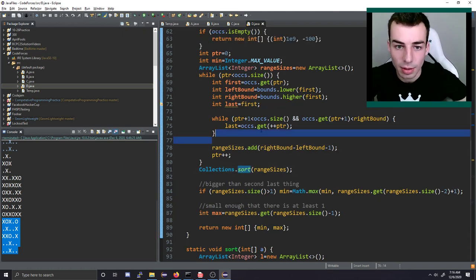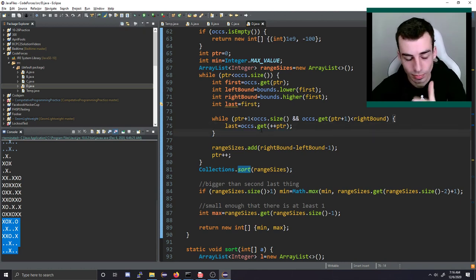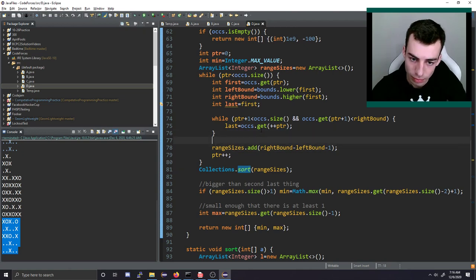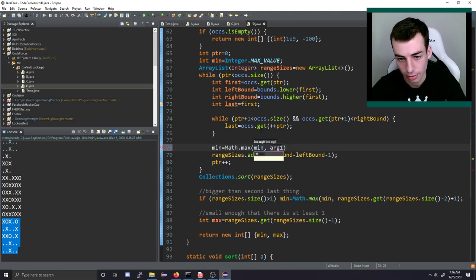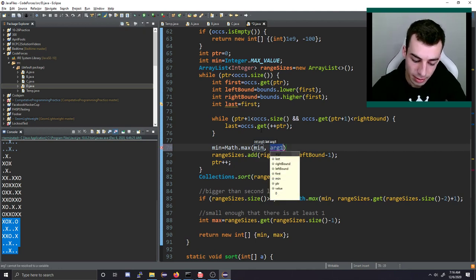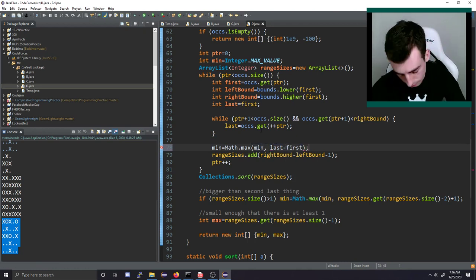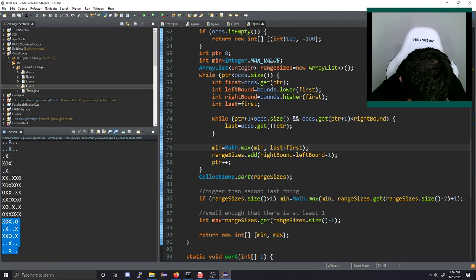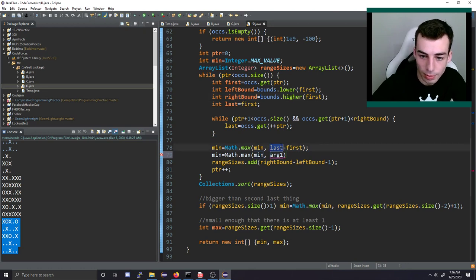This part, we need to update the min. min equals math.max of the min and last minus first. Yeah, min equals math.max of the min, or last minus right bound minus first.